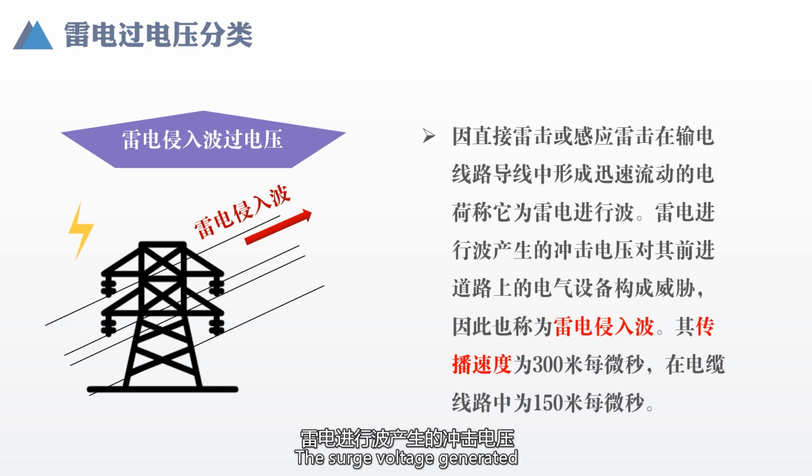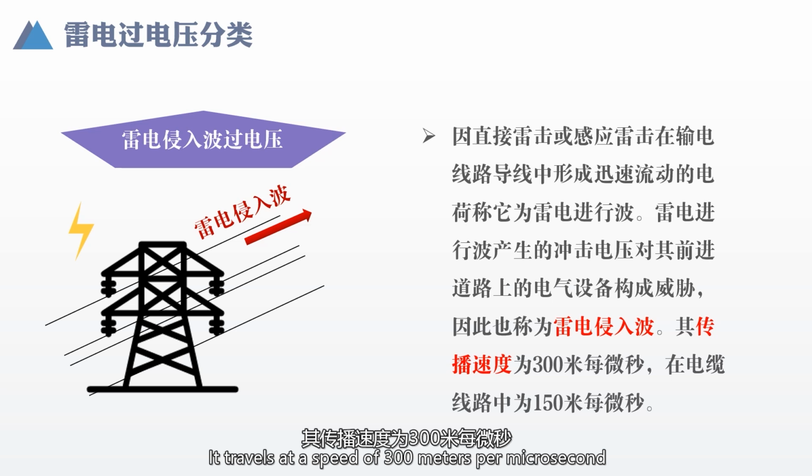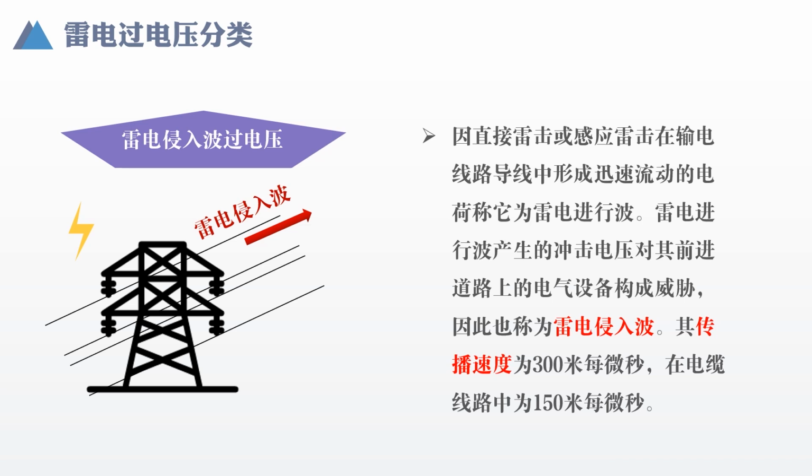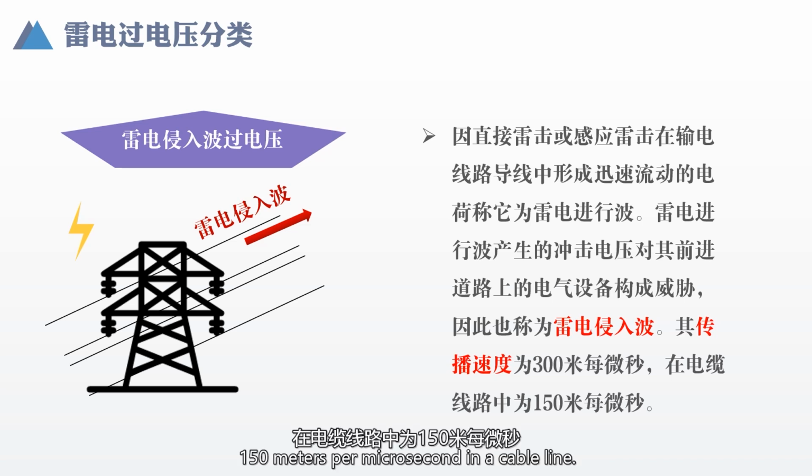The surging voltage generated by a lightning incursion wave forms a threat to electrical equipment in its path. It travels at a speed of 300 meters per microsecond, and 150 meters per microsecond in a cable line.